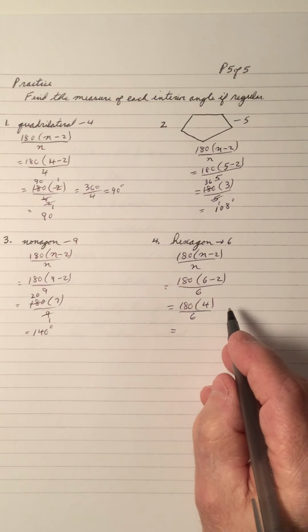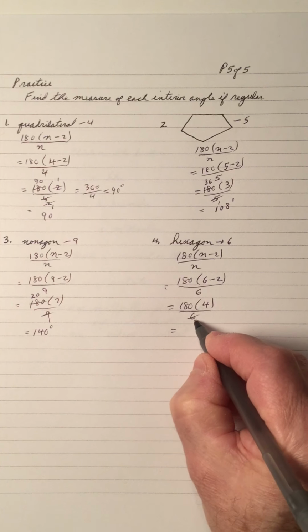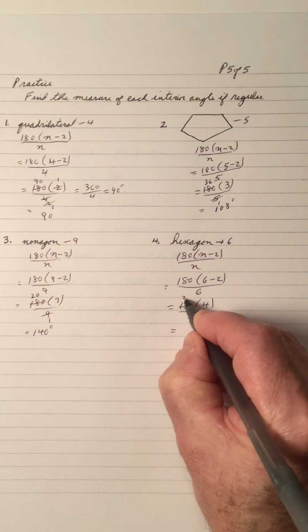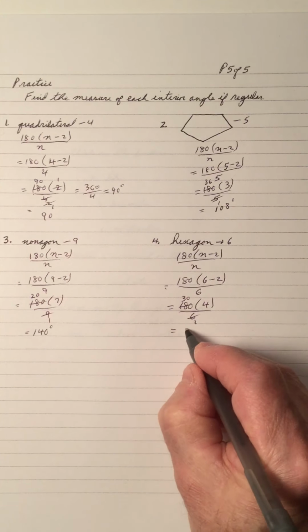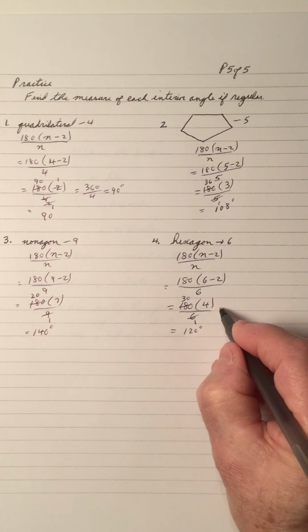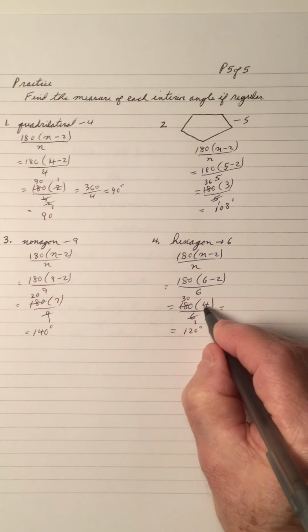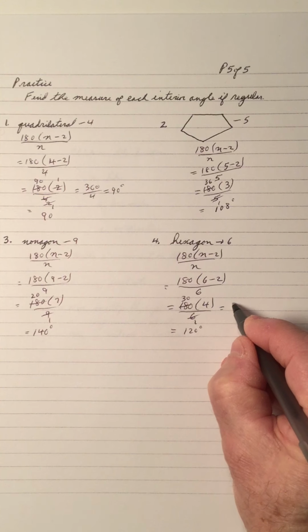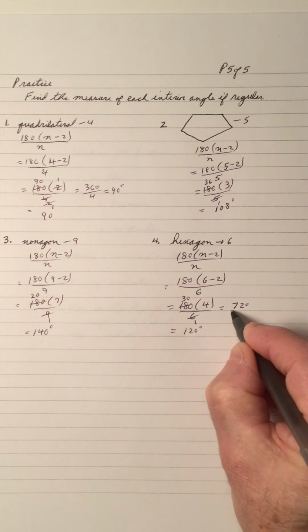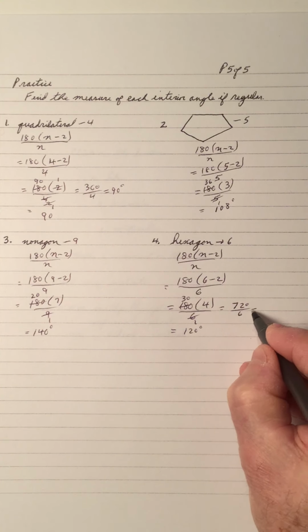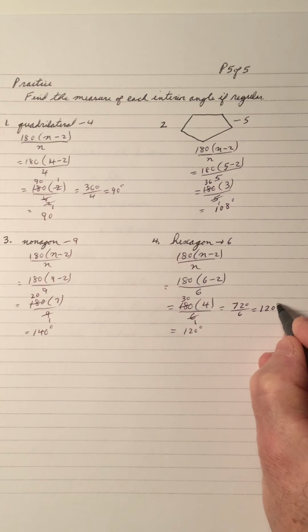And your choice, I'm going to divide 6 into 6, goes once. 6 into 180 goes 30. 30 times 4 is 120. Or if you want, you can multiply 4 times 180 to get 720, and 720 divided by 6: 6 into 7 goes once, 6 into 12 goes 2. So you get 120.